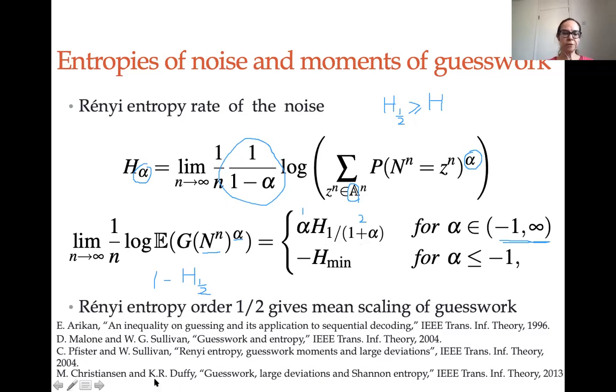But in particular, one of the things we're going to be looking at is this last work with Mark Christiansen, the student of Ken Duffy, co-inventor of GRAND, which looks at the behavior of these moments and does the following thing.